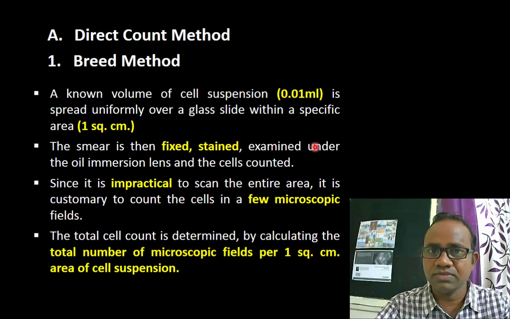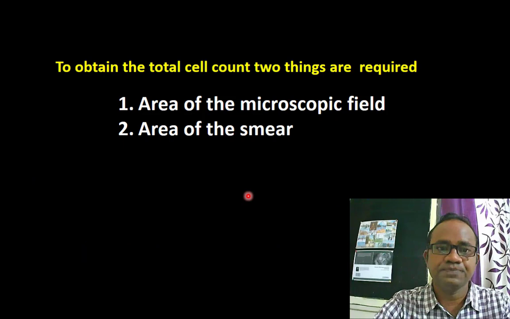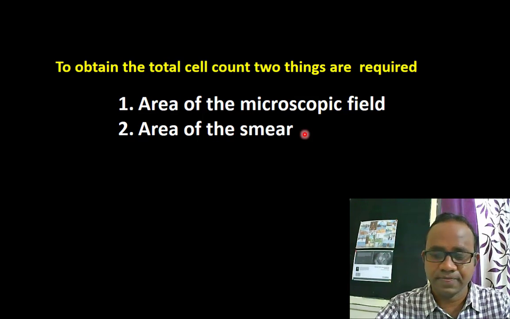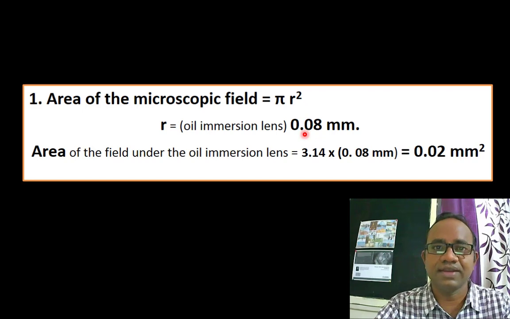To calculate this, we should know two things, particularly the area of the microscopic field and the area of the smear. These two things are very important to calculate the total number of bacteria present in the smear or the sample. So first we will calculate the microscopic field area.